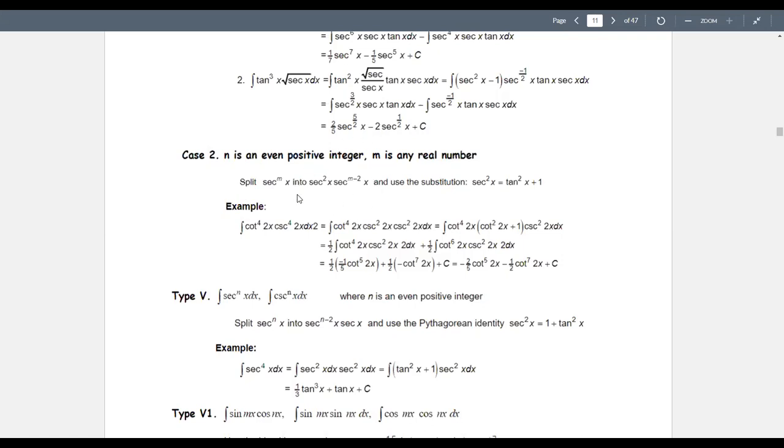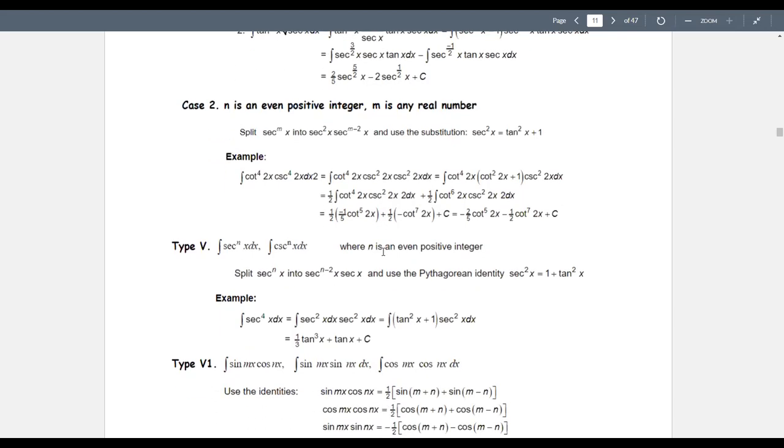Then that secant squared x or that cosecant squared x will be converted to its equivalent in tangent squared x or cotangent squared x. Okay? Now, let's look at this example.